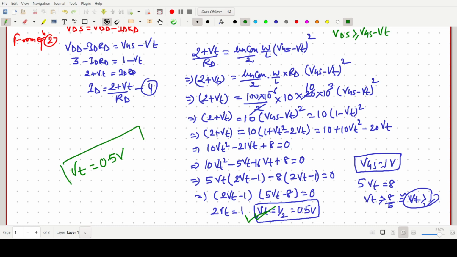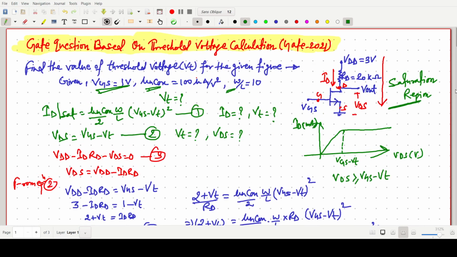The threshold voltage for this question is 0.5 volt. This is a simple question, but we have to go step by step for the calculation. So this is all about this question, and the threshold voltage in this case is 0.5 volt, as we have already calculated.